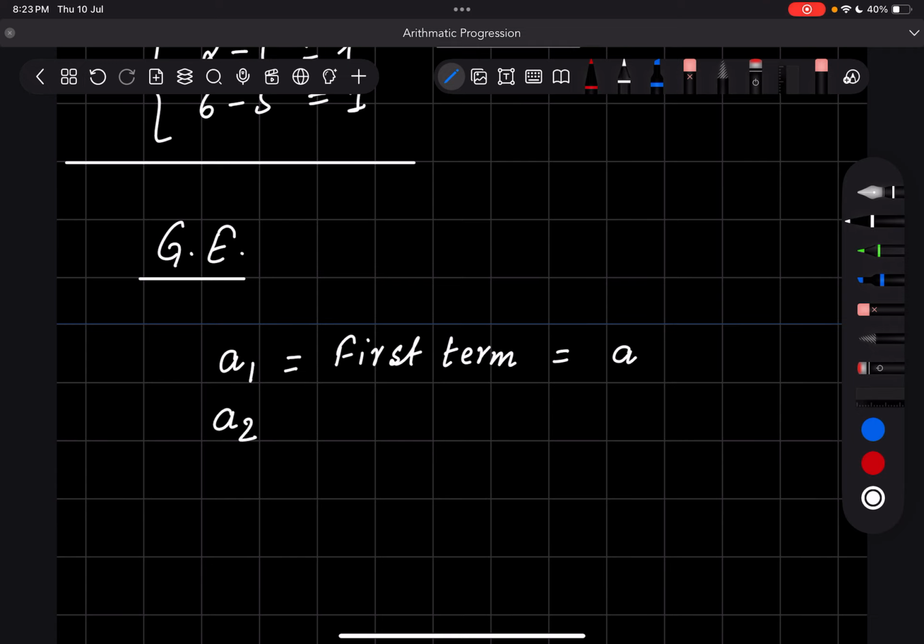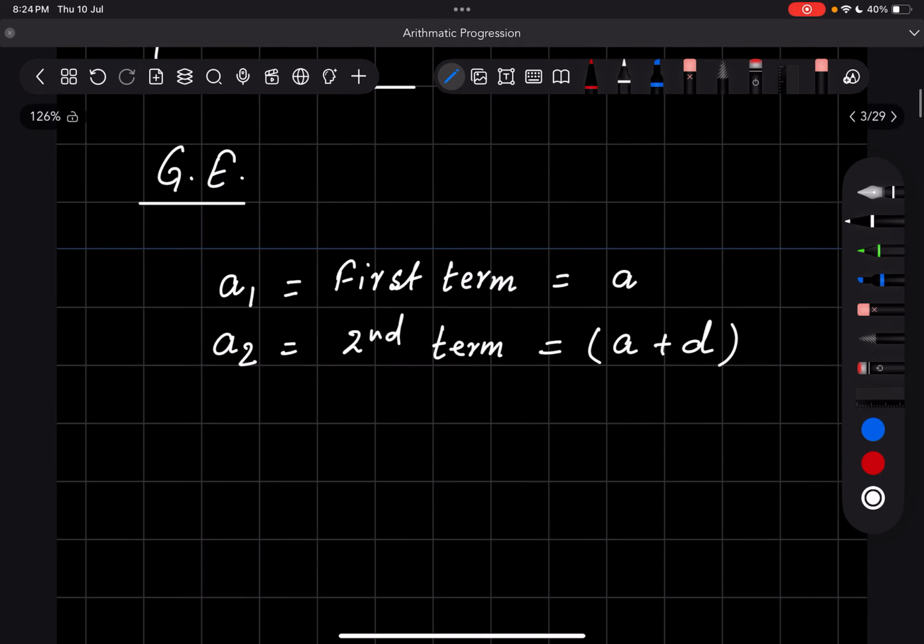Now the second term is represented by a plus d, that is the first term and 1 times the common difference. A3 is the representation of the third term, and if we have to write the general equation of a3, we will have to write a plus 2d.